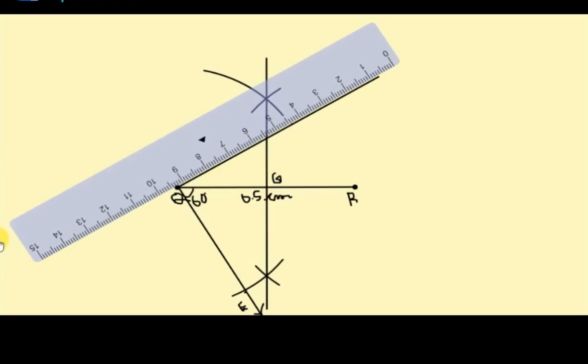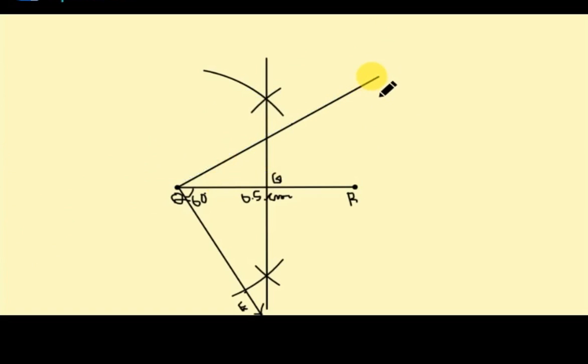After joining that, label it as F. So we have found our QF, which is 90 degree. So QE and QF have been found.